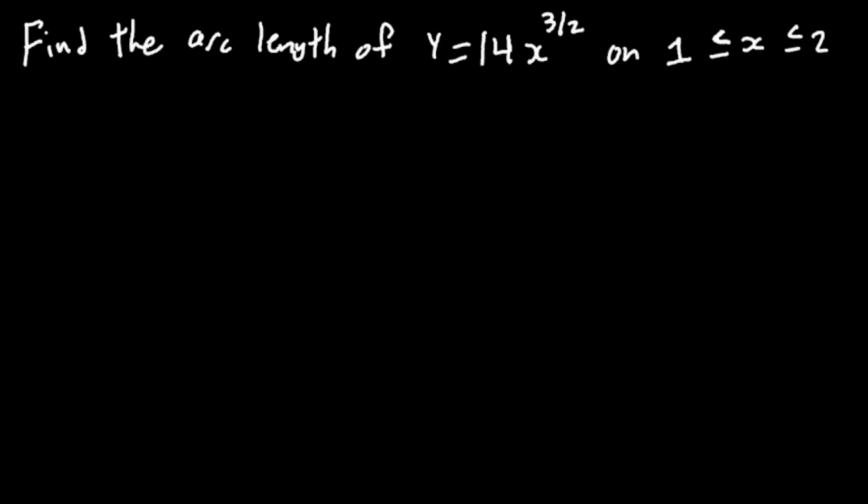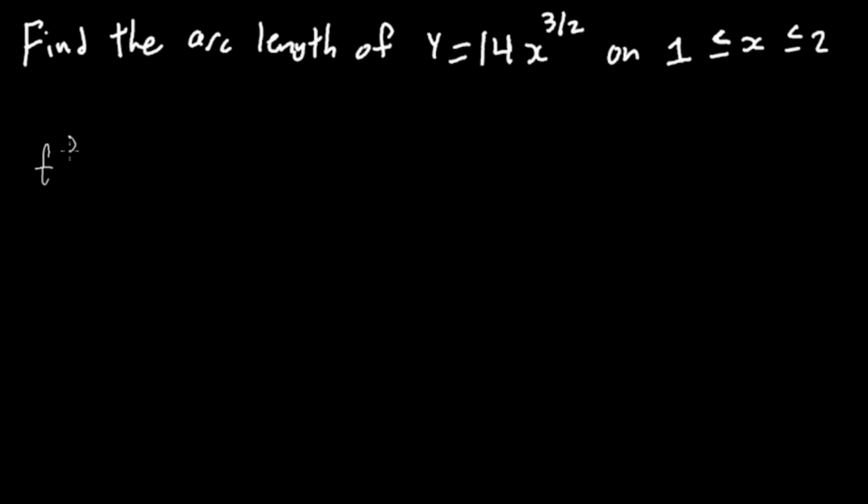Alright, so our next problem is to find the arc length of y equals 14x to the 3 halves on x's between 1 and 2. So, our formula for arc length is given by an integral. So, let me write that out.